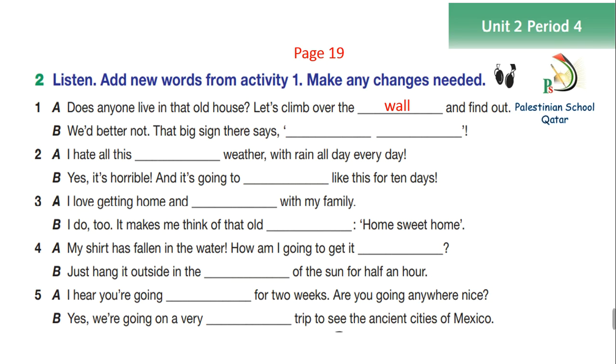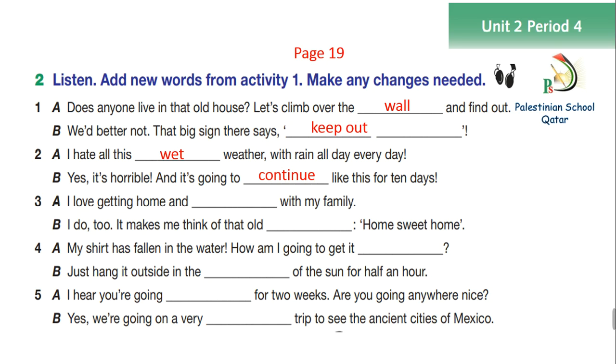That big sign says keep away or keep out. Number 2: I hate all this wet weather with rain all day every day. Yes, it's terrible, and it's going to continue like this for 10 days.